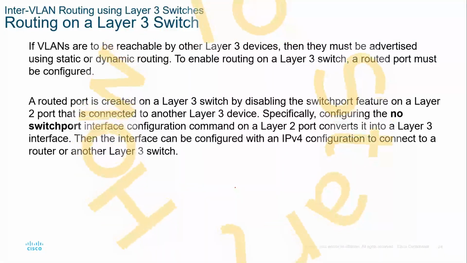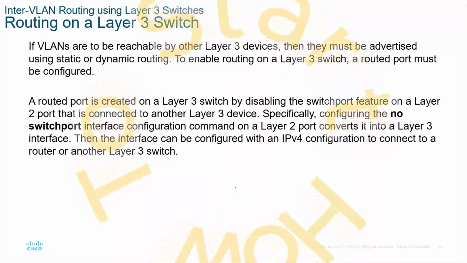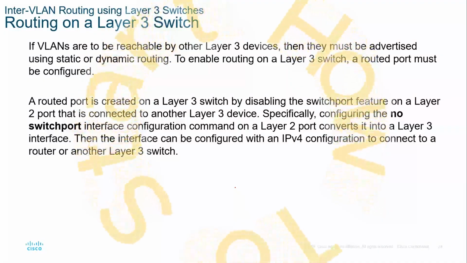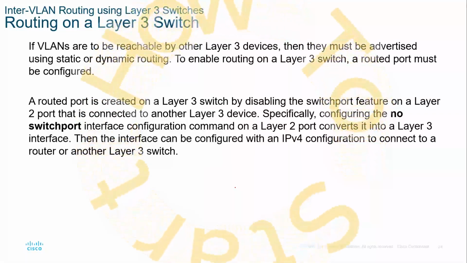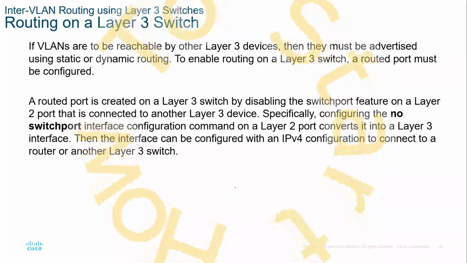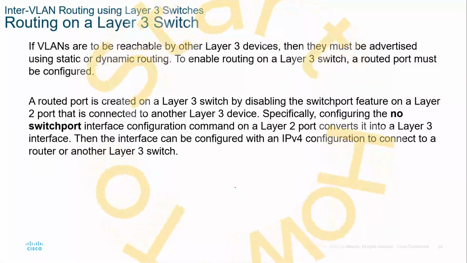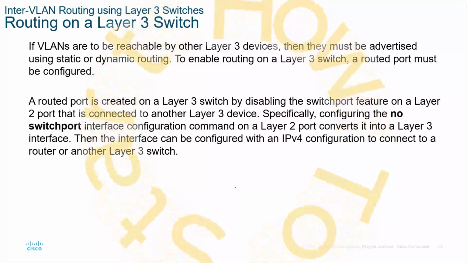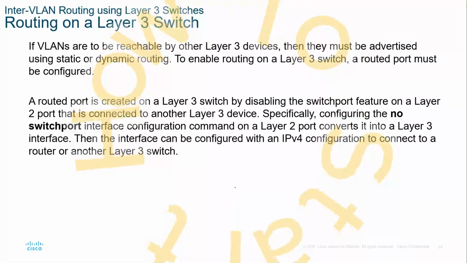So with that said, when turning on routing on a layer 3 switch, we should be turning on a routed port so that the port can share routed information. And we do this by issuing the no switchport command. We can tell the switch that port gig 0/0/24 is a layer 3 port by issuing no switchport. That forces it to be a routed port.